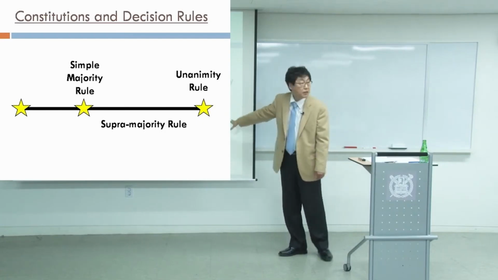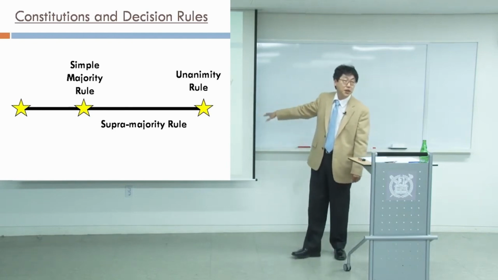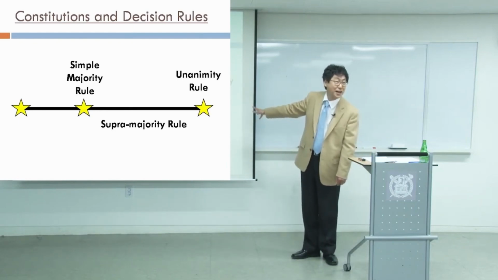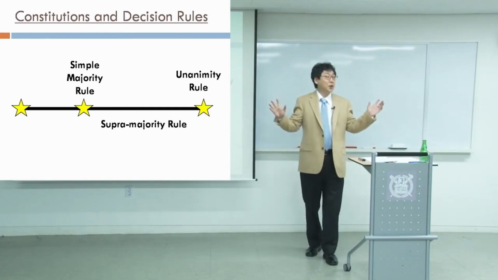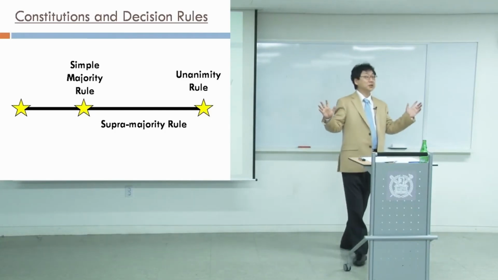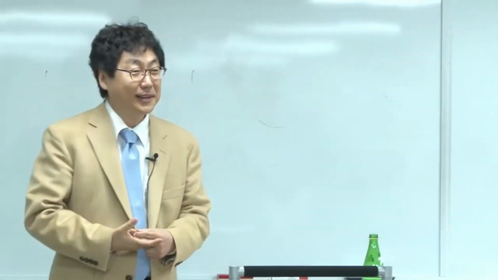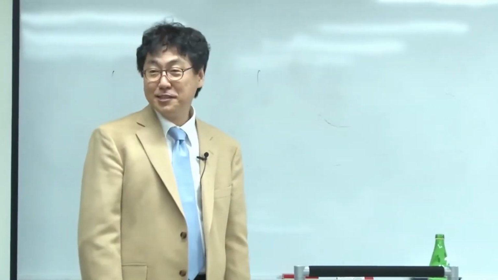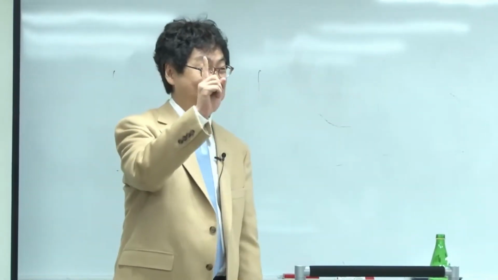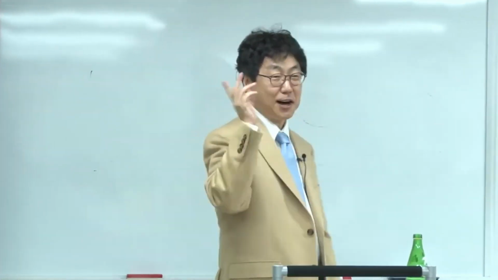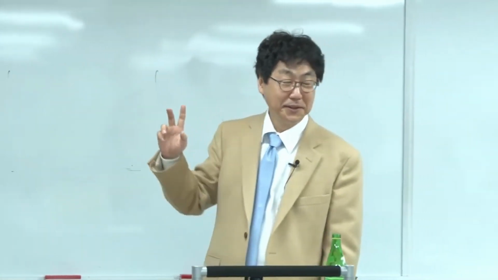And with unanimity rule, change becomes almost impossible, because say all 50 million Koreans are voting for a certain issue. I'm sure it would be easy to find one person who objects, right? And if one person objects out of 50 million, that change does not happen.